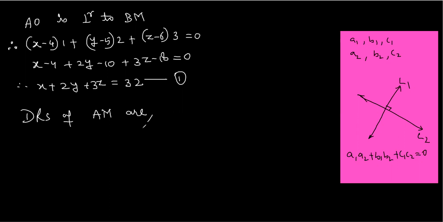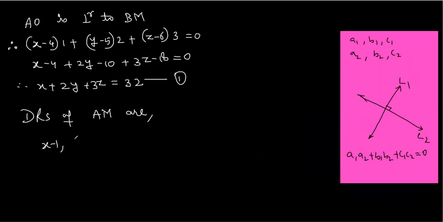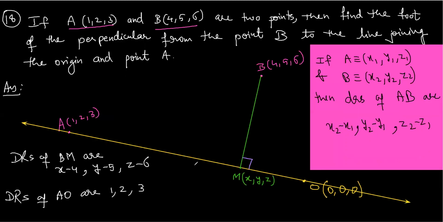DRs of AM will be x minus 1, y minus 2 and z minus 3. So here I have x minus 1, y minus 2, z minus 3. These are the DRs of AM.